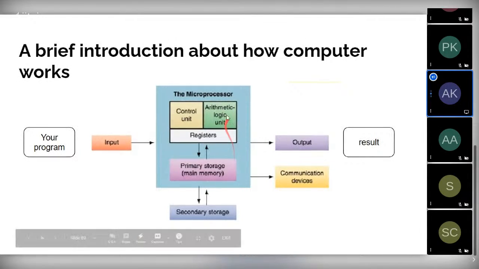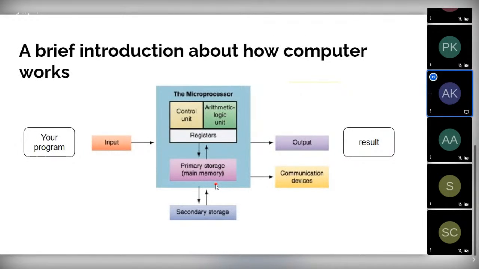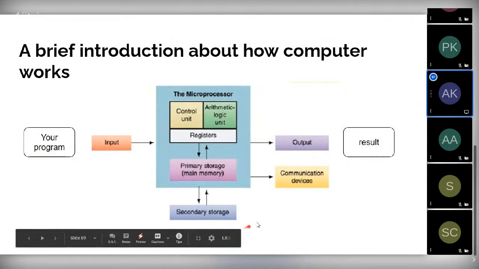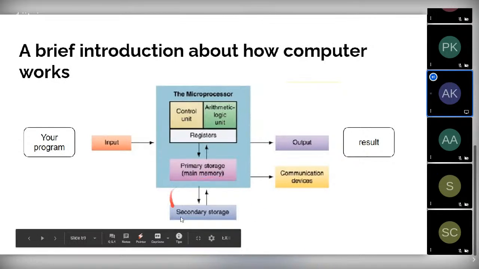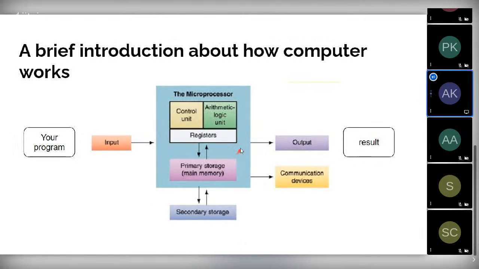So first the microprocessor does calculation. It stores information in RAM, and then it transfers that information to the secondary storage, that is non-volatile storage: hard drive, solid state drive, and compact disk. And then after the storage and your calculation finish, it gives you output.